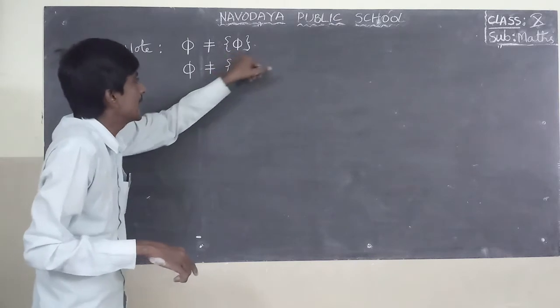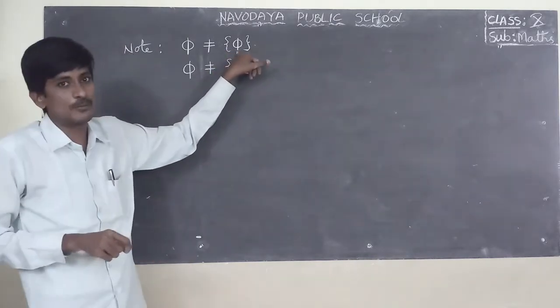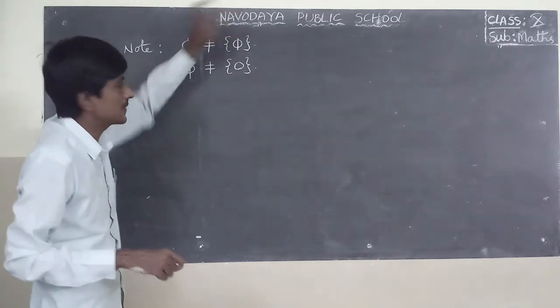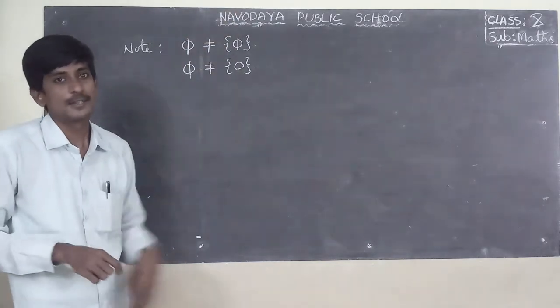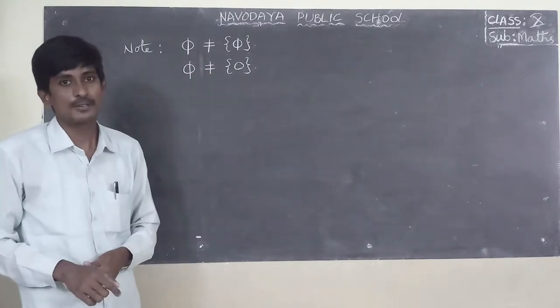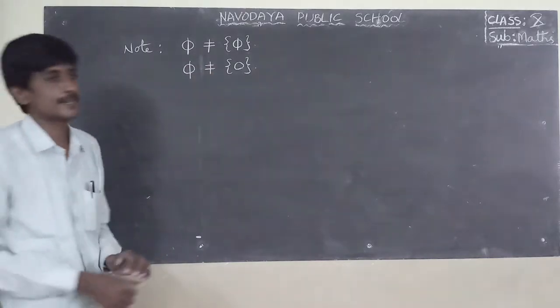Likewise, a set containing one empty set is not an empty set. These two are not equal. Okay. Next.